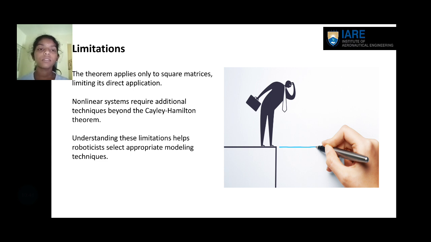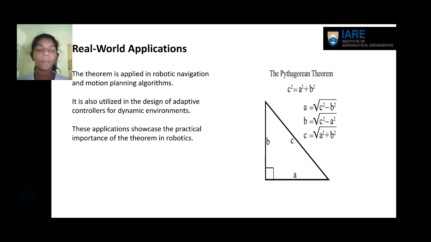Non-linear systems require additional techniques beyond the Cayley-Hamilton theorem. Understanding these limitations helps robotics select appropriate modeling techniques in the manufacturing of robots.